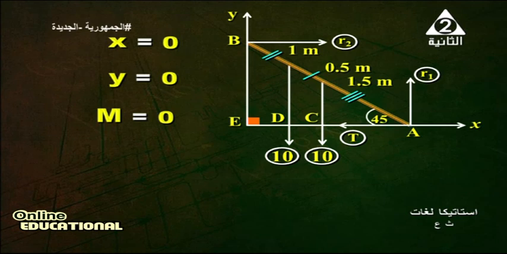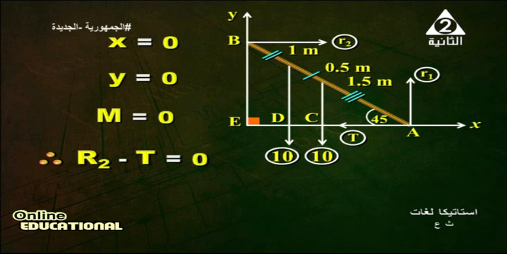Three equations. To calculate three unknowns, we need three equations in general equilibrium. Summation of the forces in the x-axis equals 0, summation of the forces in the y-axis equals 0. Also, the moment at any point must equal 0.